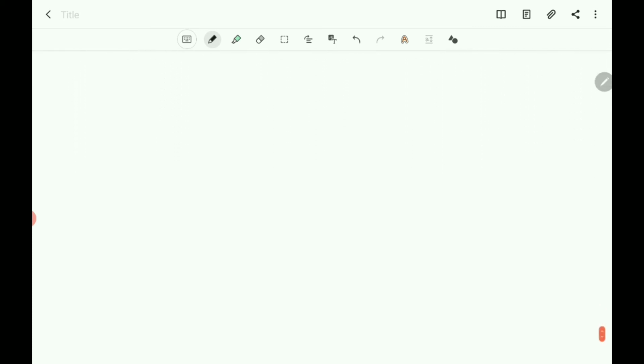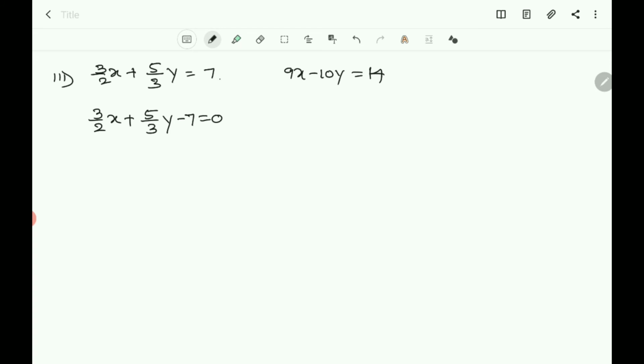Next you come to the next pair of equations, that is the third pair. The third pair is 3 by 2 x plus 5 by 3 y is equal to 7. That is the first equation. The second equation is 9x minus 10y is equal to 14. Then you write in the standard form 3 by 2 x plus 5 by 3 y minus 7 is equal to 0, and 9x minus 10y minus 14 is equal to 0.